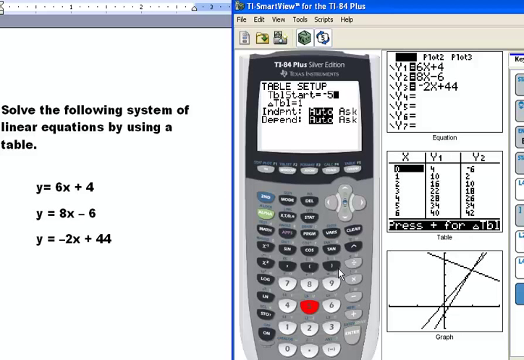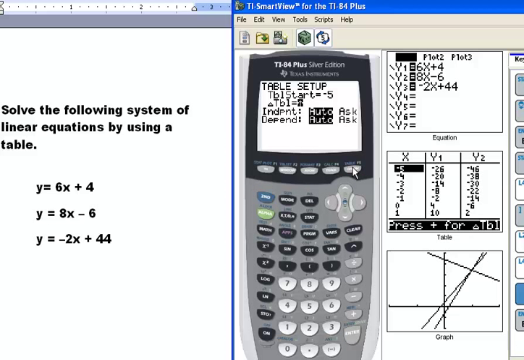And then as we hit enter, the second row has a triangle with a TBL by it, which means change in your table. When this is a 1, we'll count by 1s. If we put a 2 here, we would count by 2s. You could also get more specific and use something like 1/10 to count by 1/10 each time. But now I have changed this for my table to start at negative 5 and to count by 1s.